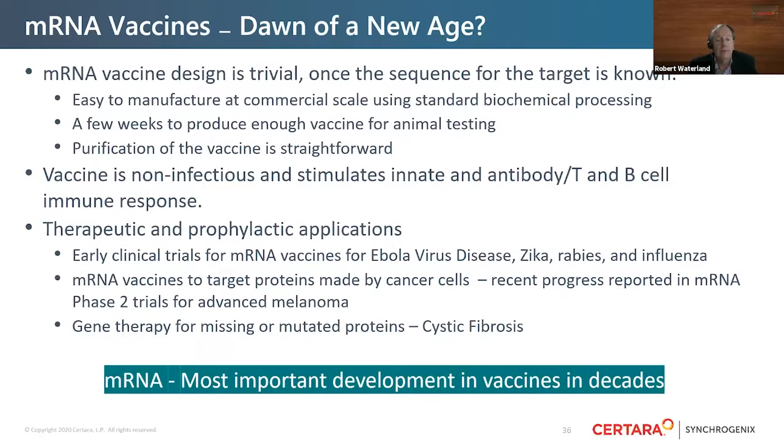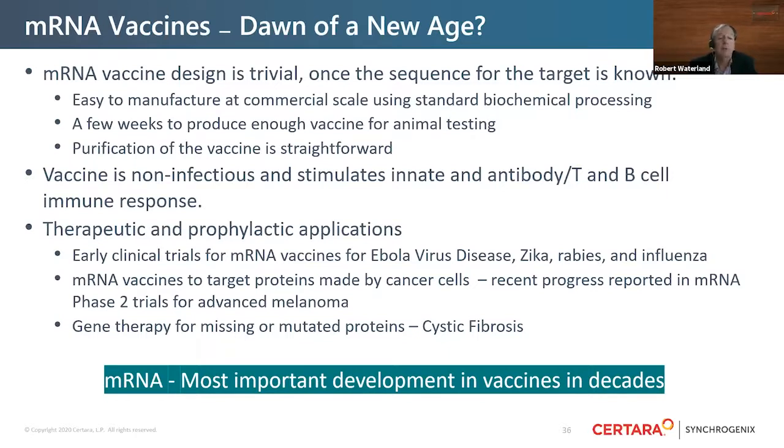So you design a messenger RNA vaccine to specifically target proteins that are expressed, that are made by cancer cells. In June 2021, the first patient was dosed for a vaccine for advanced melanoma, phase 2. So they're targeting what are usually called cancer markers in the oncology community.